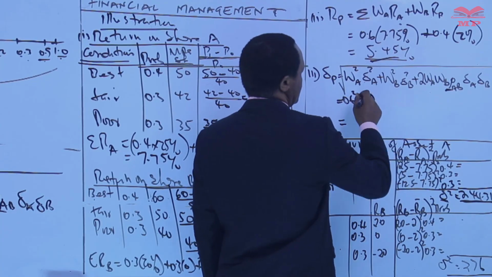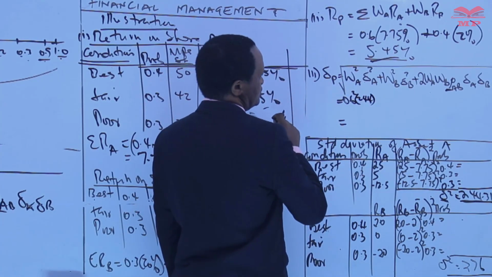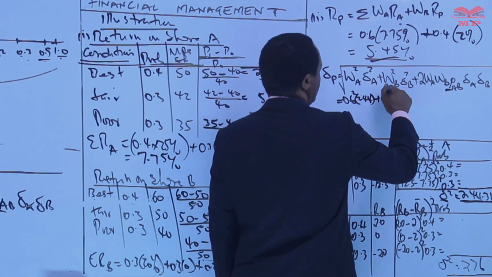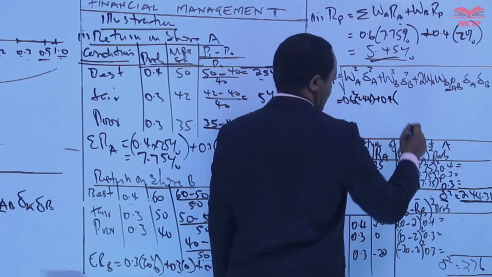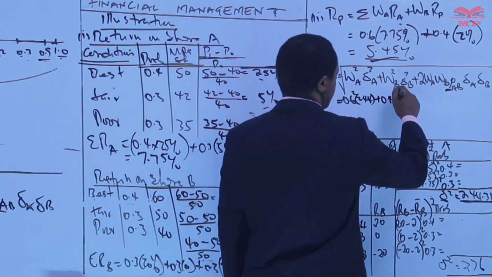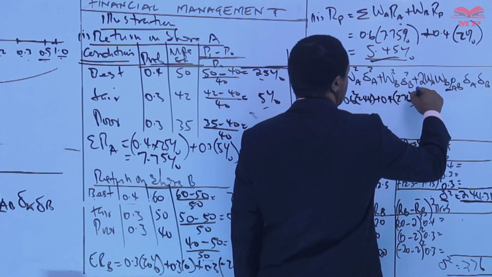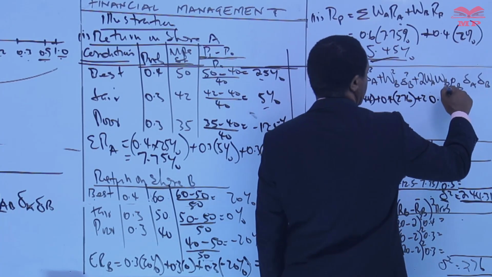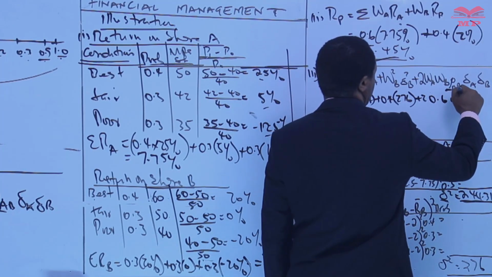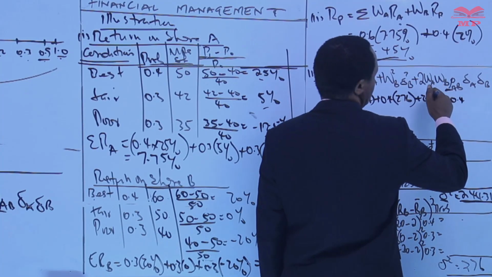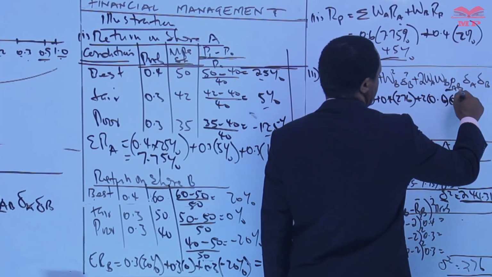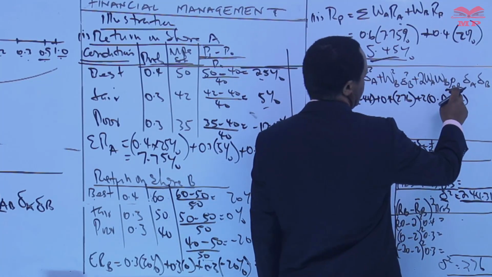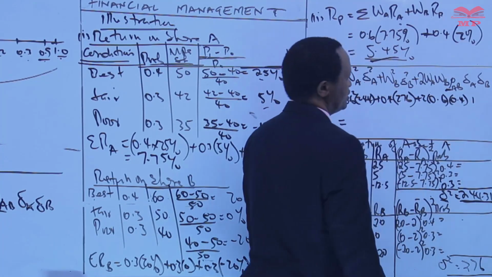Multiply. Plus the weight of 0.4 squared times the variance, 276, plus 2 times the weight of A 0.6 times the weight of B 0.4. So these we multiply like that. Then we have the correlation coefficient of 1, we multiply by 1.